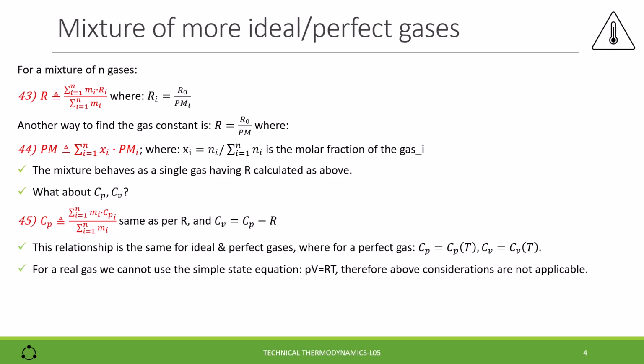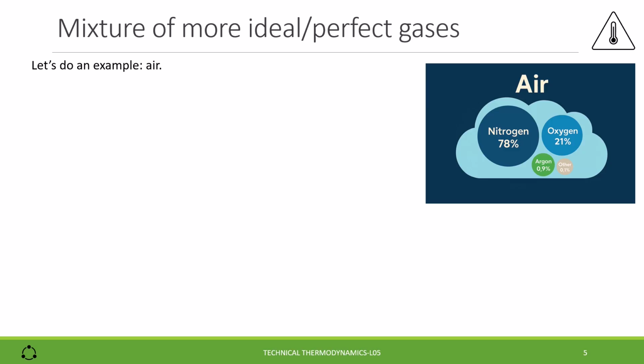For a real gas, we cannot use the simple state equation Pv equals RT, therefore the above considerations are not applicable. What about if the mixture composition is known in volume? In such a case, we need a different approach. Let's start with an example, the gas air.